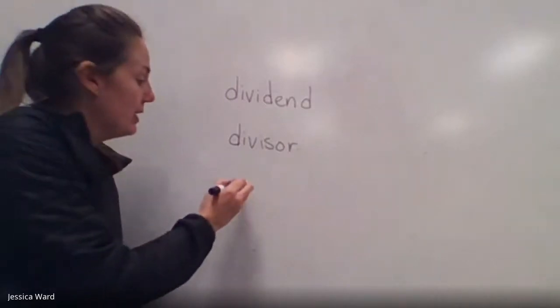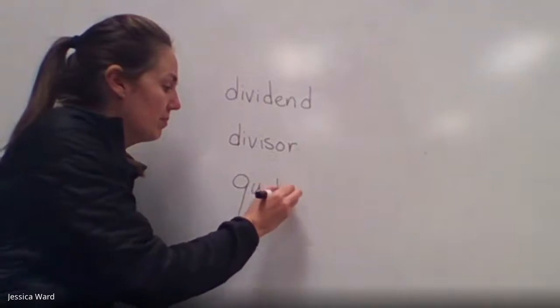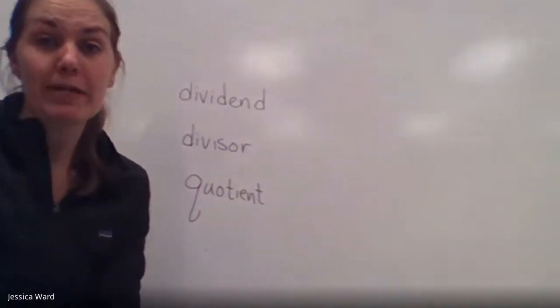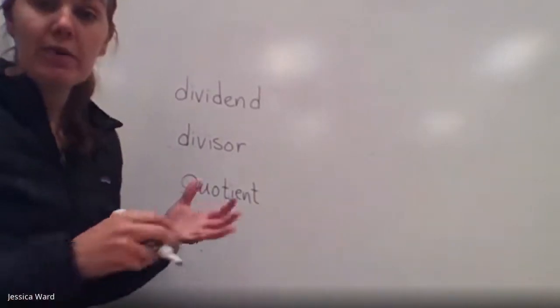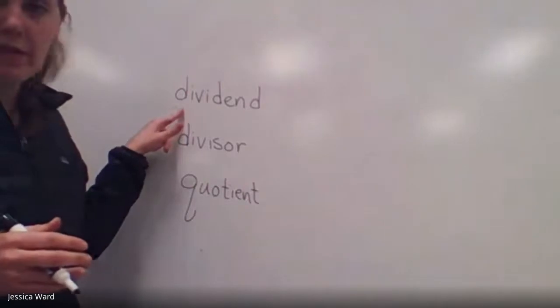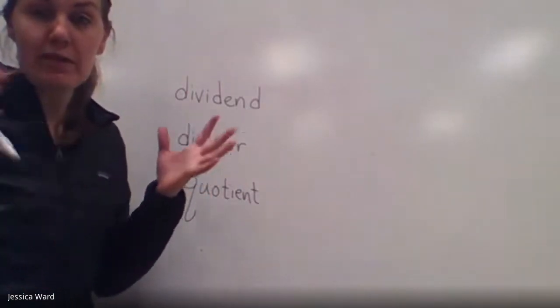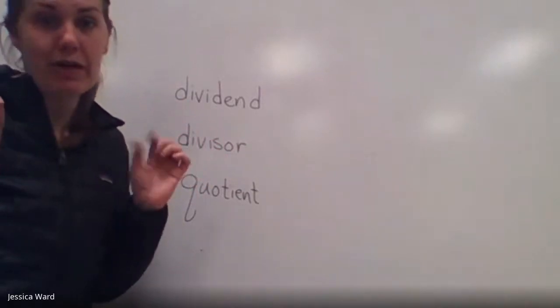And the last word is quotient. We're going to start first by defining these terms and giving some examples. In the box next to this column, it says in my own words, and in the last boxes, it says example. So first we're going to define each term, and then give an example of each.